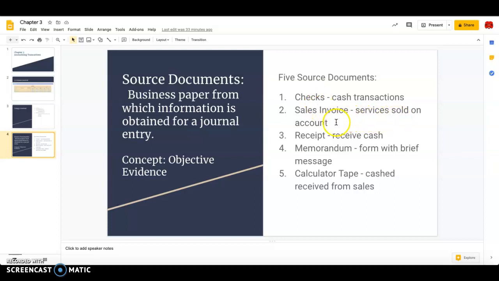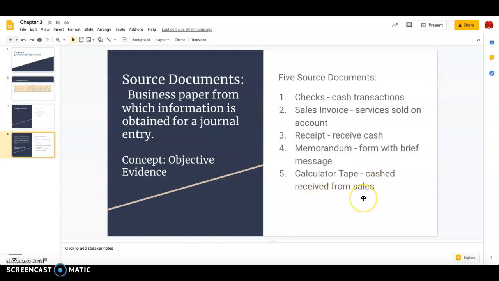For services sold on account, every time that happens, we're going to make out a sales invoice to show that we made a sale. Whenever we receive cash, we're going to make out a receipt. I'm going to skip down to calculator tape. That sounds old school, but with computerized cash registers, some of them still spit out cash register tapes.